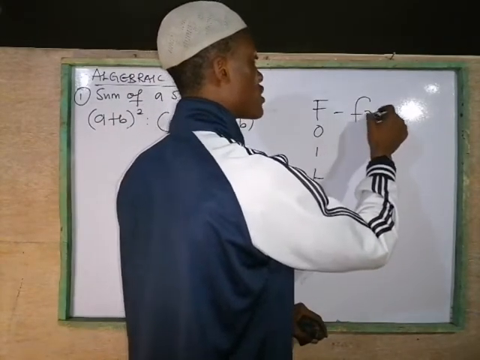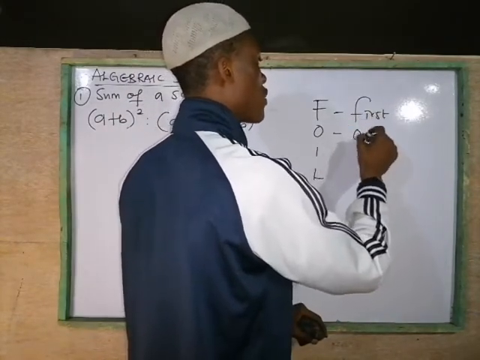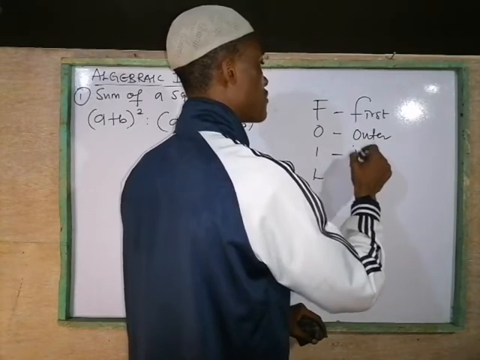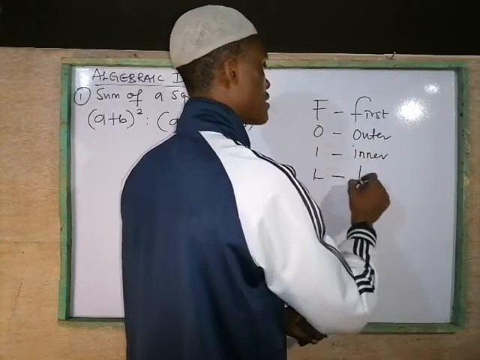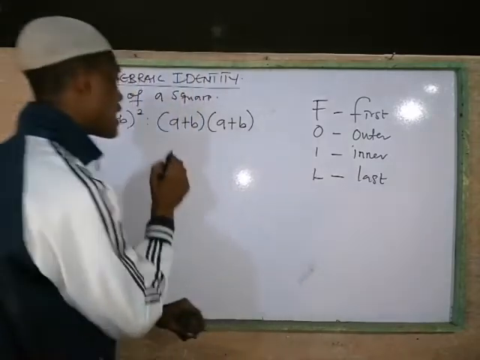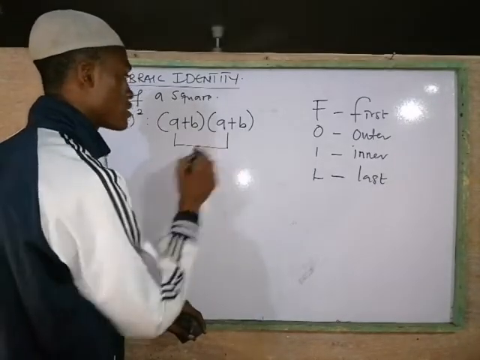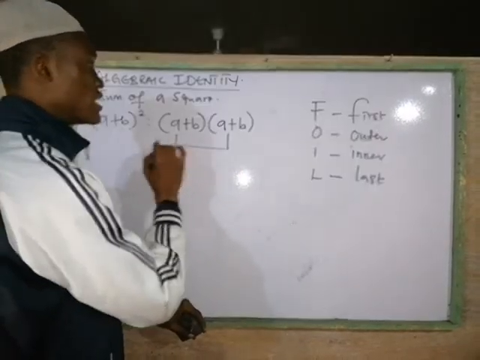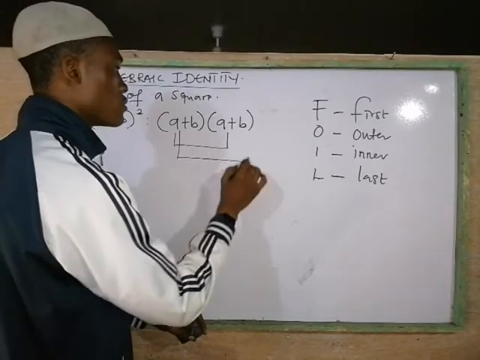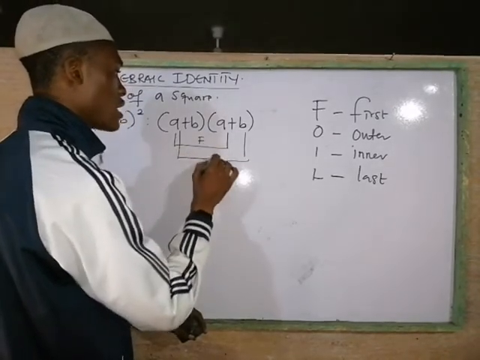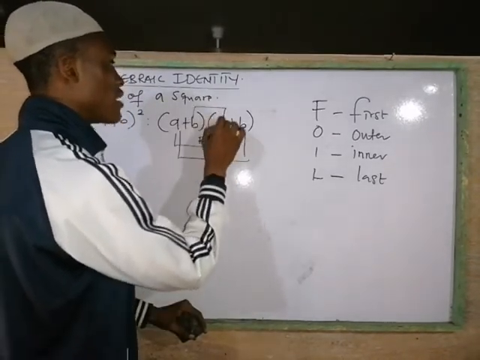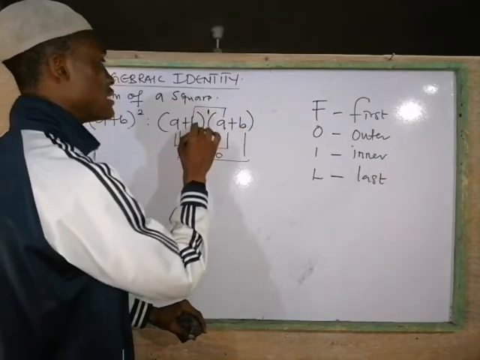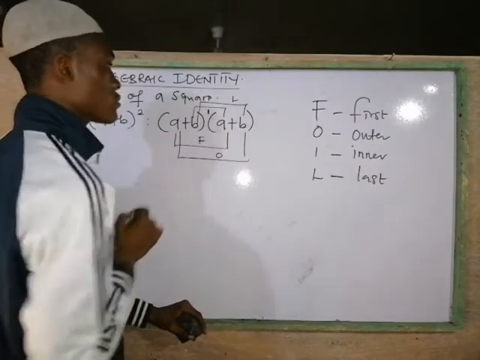F stands for first, O stands for outer, I stands for inner, and L stands for last. So I multiply the first value first, then the outer value, then the inner value, then the last value.